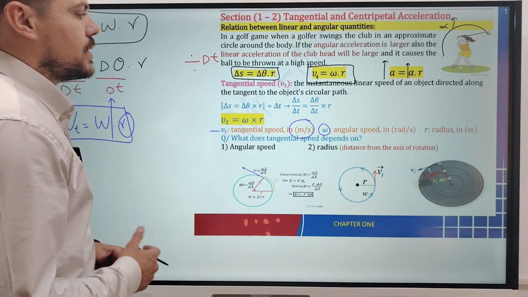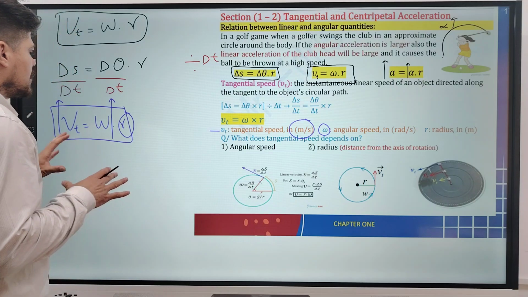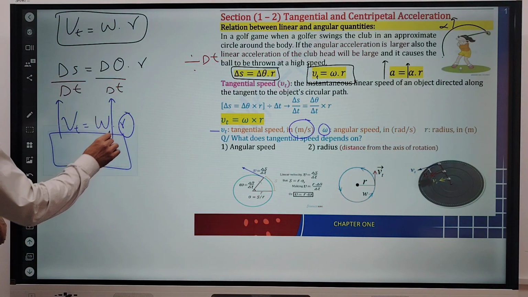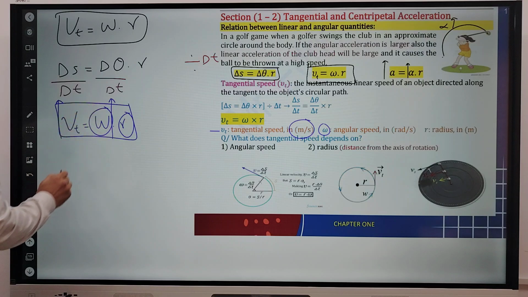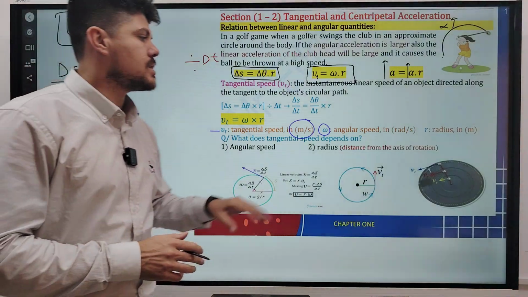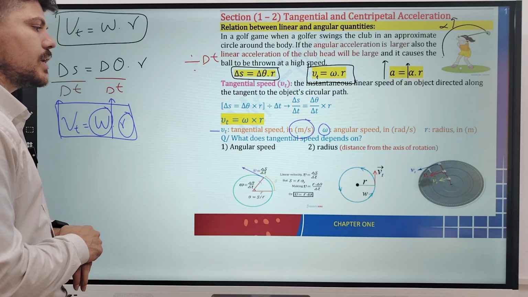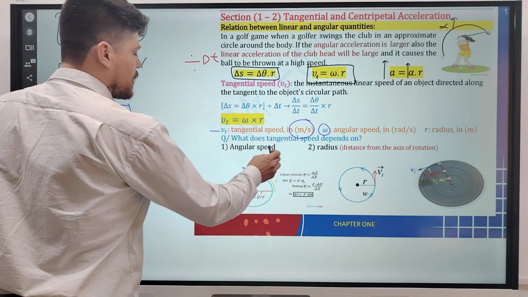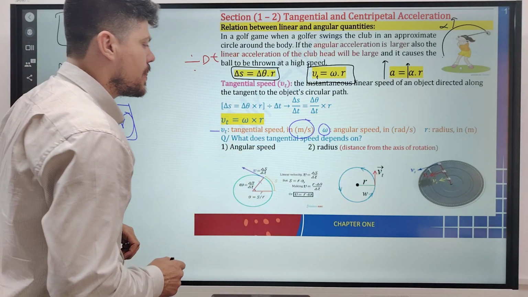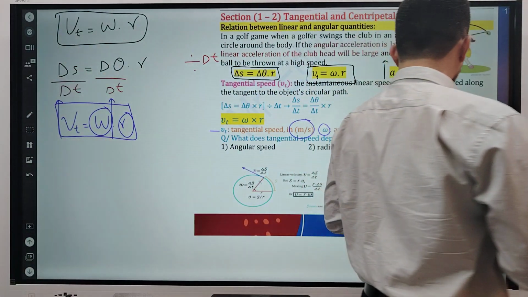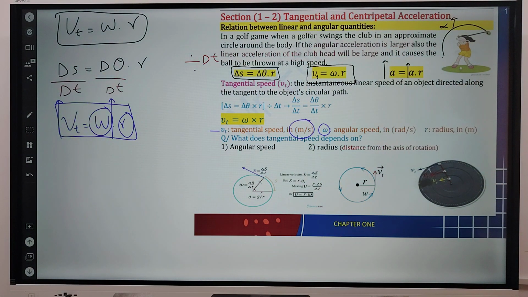What does the tangential speed depend on? According to this equation, it depends on the angular speed and the radius, the distance from the axis of rotation. The tangential speed depends on these two factors. As you can see, for example, if we have 3 points, A, B, and C, they are rotating with the same angular speed, but with different tangential speed.